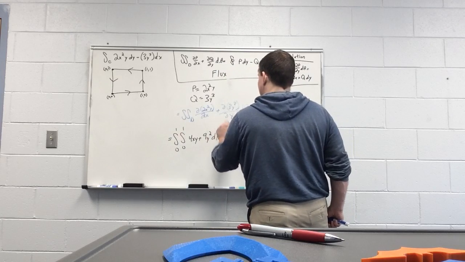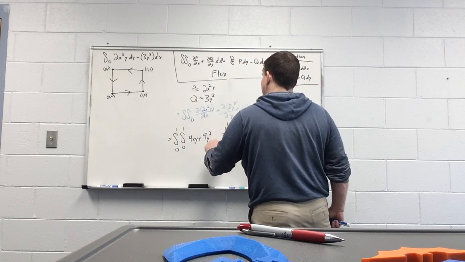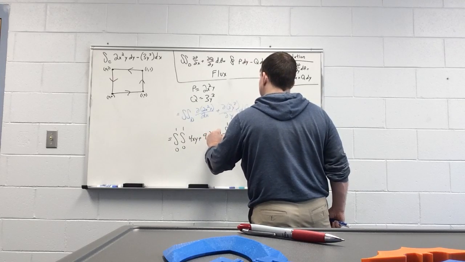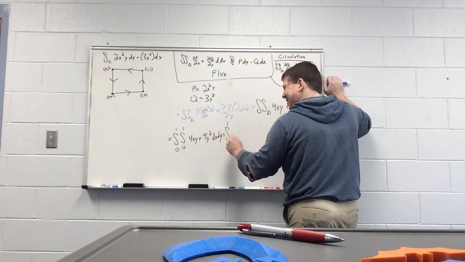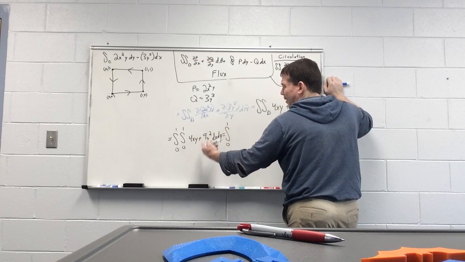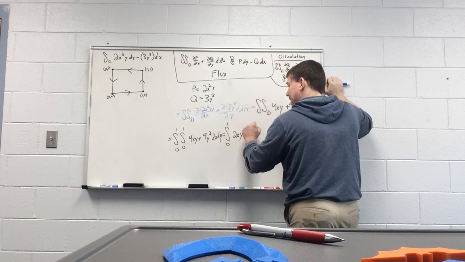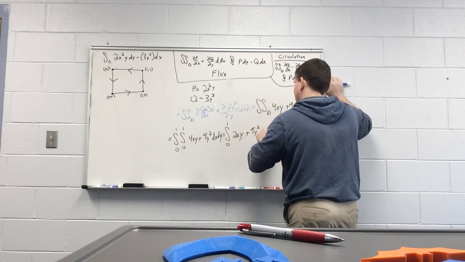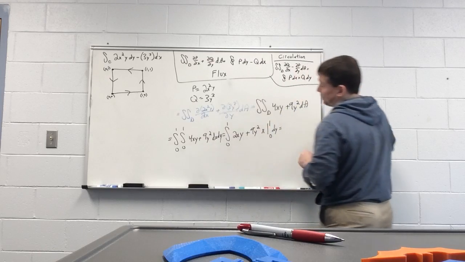which is just the first one with respect to, oh, I'm sorry, in my notes here, I went dx and then dy. So with respect to x first, I get 4x squared over 2, which is 2x squared y, plus 9y squared x, evaluated from 0 to 1, dy.